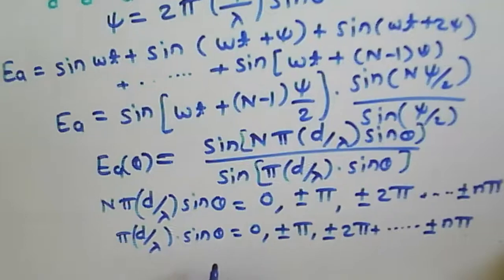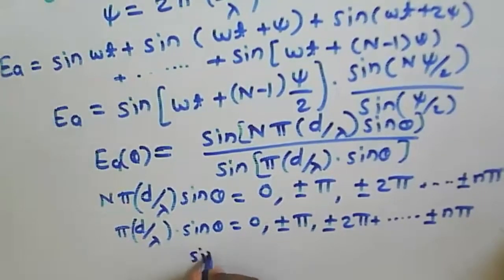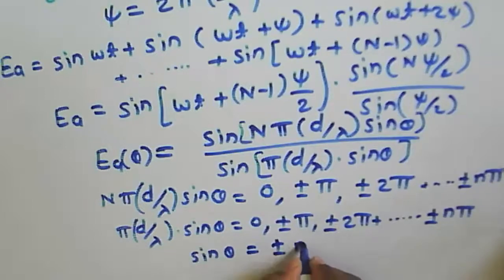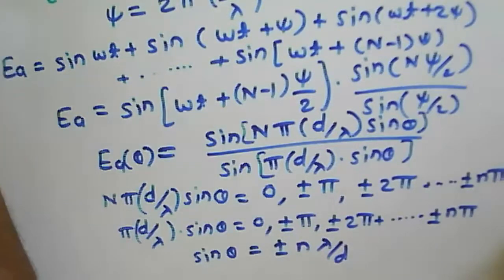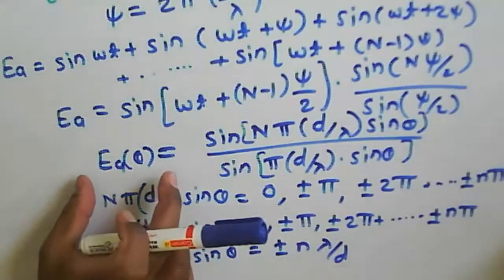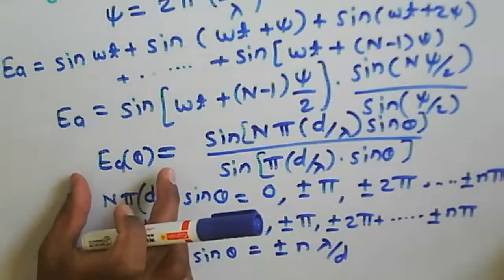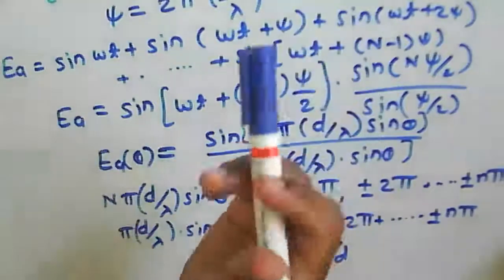So we can say that sine of theta is equal to plus or minus n lambda by d. At this particular instant, we are getting the amplitude of the radiation intensity to be a maximum here.